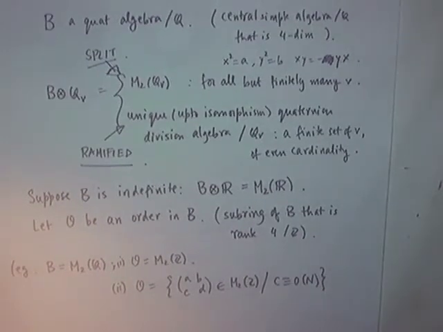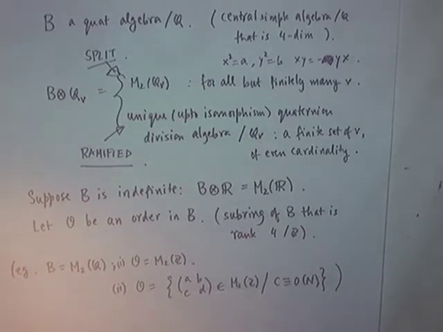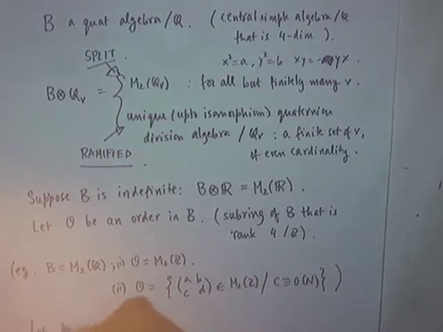These are examples in M2 of Q, but likewise you can write down examples of orders in any quaternion algebra. And now let Gamma be the units in O, the set of reduced norm 1.